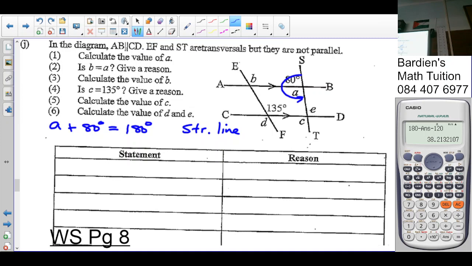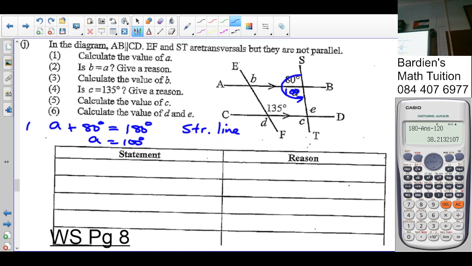Okay, so A works out to be what? 100 degrees. Okay. Alright, so A is equal to 100 degrees. Right?